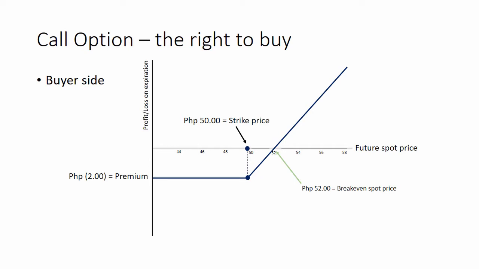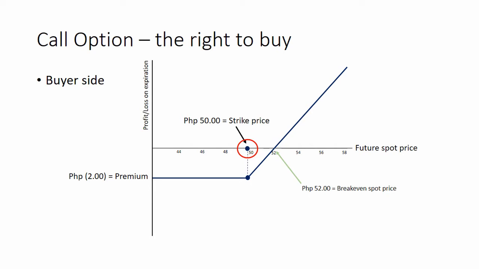So in this case, within 15 days, the firm can buy dollars from the entity for 50 pesos, no matter what the spot rate is in the market, even if the dollar is currently selling higher in the market.